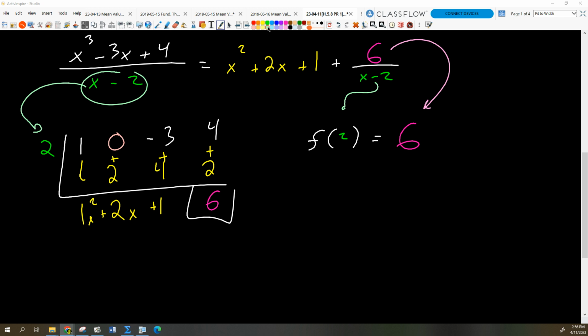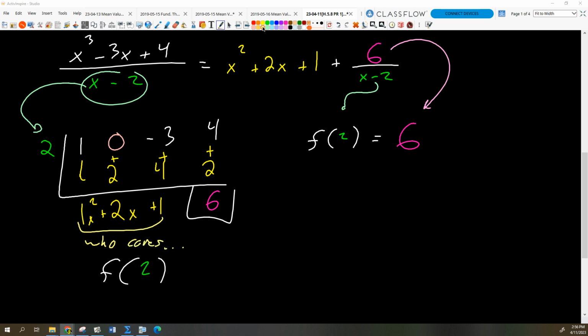Okay, so that's telling me that the value of the function is 6. So really, what this could also be is synthetic substitution. We don't really even care about that part. If we just want to know, for example, what f of 2 is, this part right here, who cares?